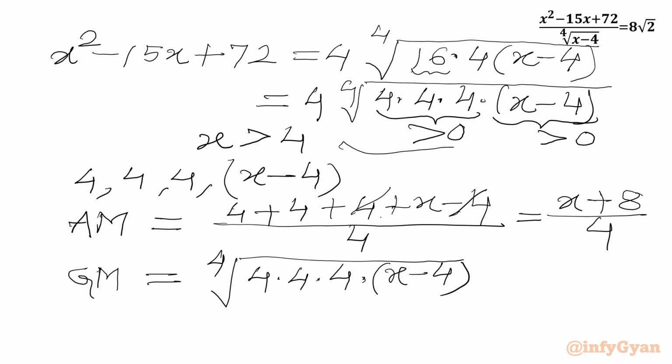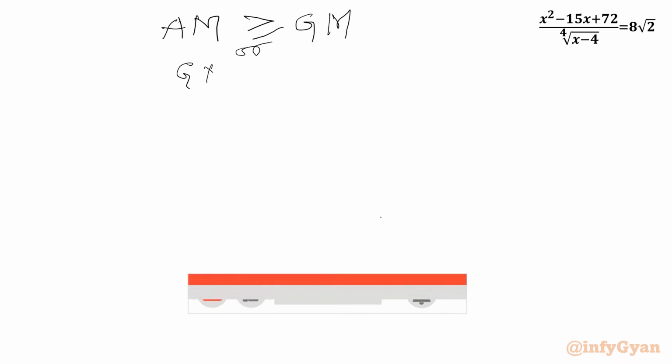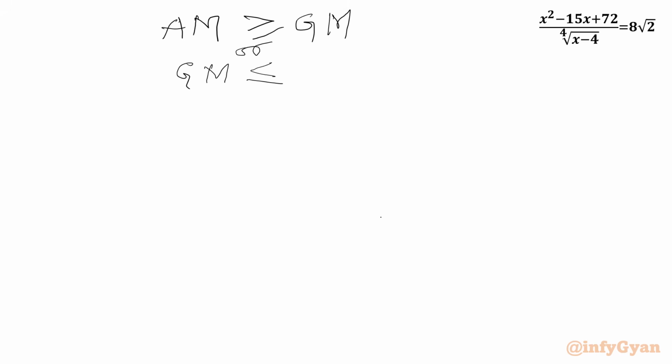We will use the AM greater than or equal to GM inequality to find solutions in the simplest possible way. So I will write here AM should be greater than or equal to GM, or we can write GM should be less than or equal to AM.